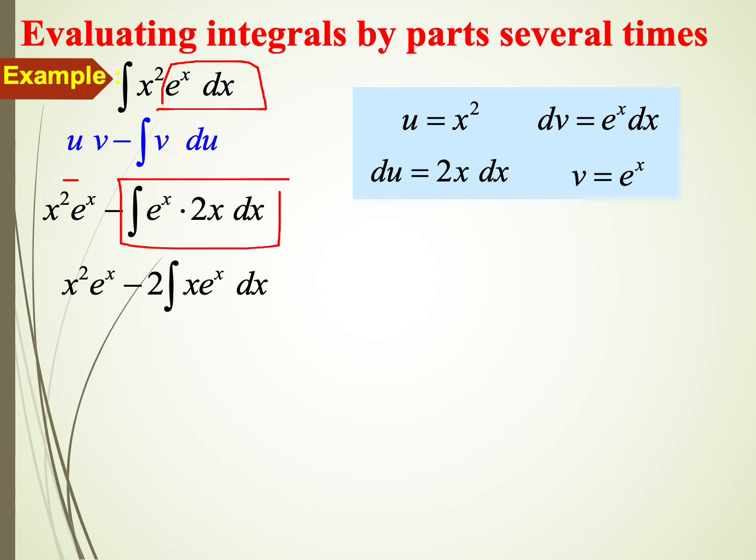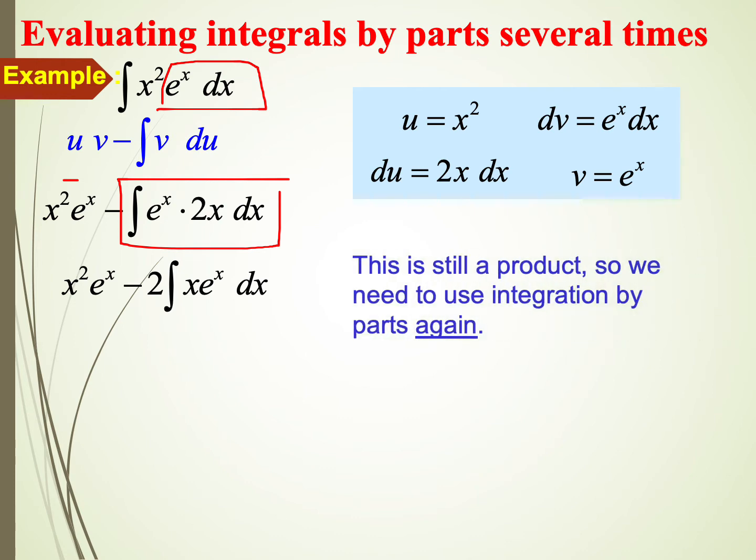This is why we call it integration by parts several times, or repeated integration by parts, because I will repeat the method of integration by parts for the second time. This method is a little bit long, so I need to do integration by parts again.